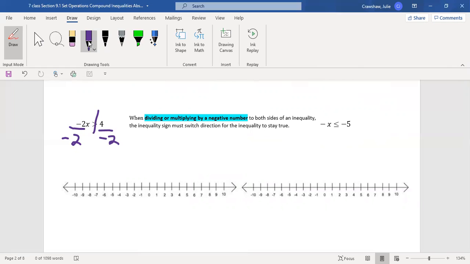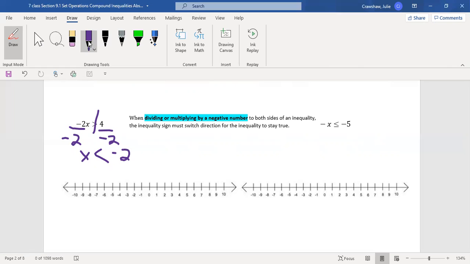So whenever you divide both sides of an inequality by a negative, the inequality symbol must flip. A -2 divided by a -2 is going to be a +1. But now I no longer have a greater than sign, I'm going to have a less than sign. 4 divided by -2 is going to be -2. This rule is necessary in order to keep the statement true. If it didn't flip, it just wouldn't be equivalent.